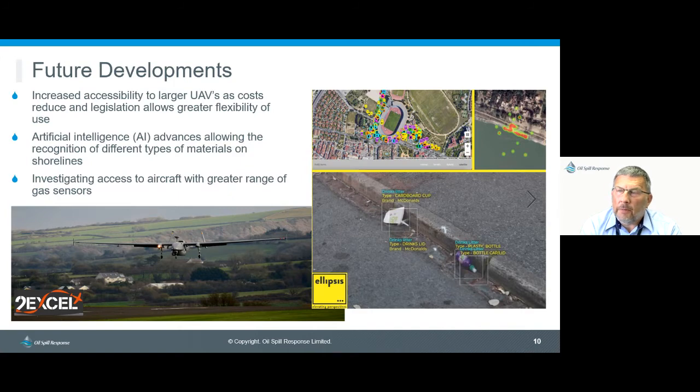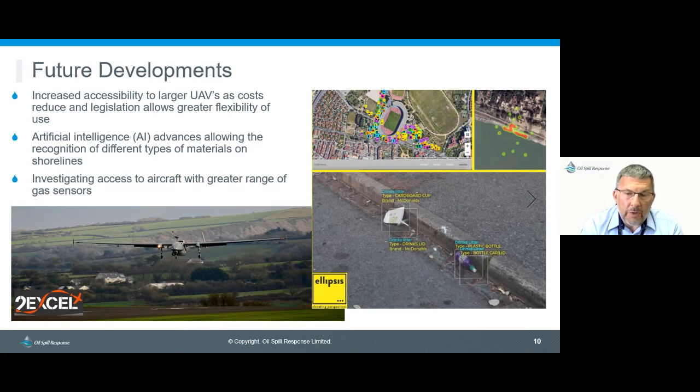I think from the start, aerial surveillance, provided you've got a good trained sensor operator within the plane who has the experience as well, that's something we find is really useful to have, the experience of oil spills. Actually getting eyes on the spill is really useful.